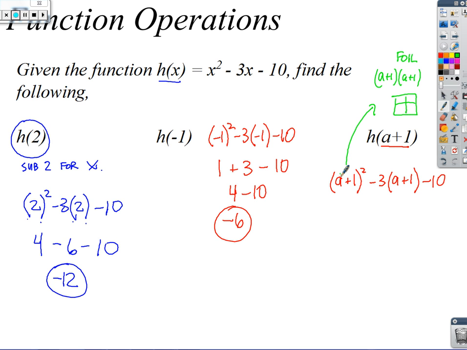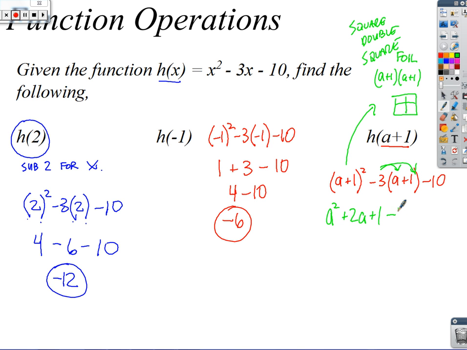However, there is a shortcut for squaring binomials, and that is square, double, square. Let me explain. Square the first one, so a squared. Double the product, so the product of a and 1 is a, double that, 2a. Square the last number, 1. Square, double, square. Use the method that you prefer, as long as it's correct.